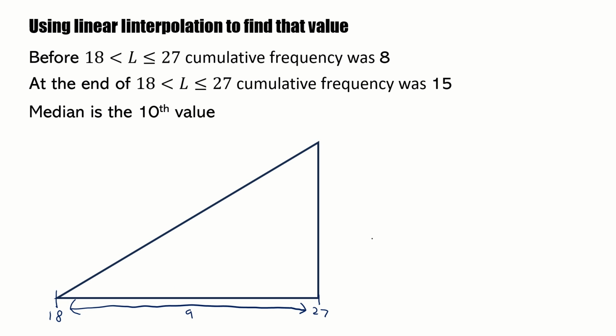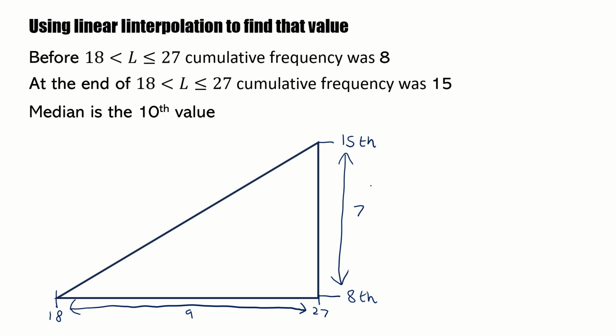And then you can use the cumulative frequency values, if you wish, as the values deciding what's going on vertically. So we started at the bottom of the triangle having a cumulative frequency of 8, and then the top of the triangle having a cumulative frequency of 15. And therefore, we know the height of this particular triangle would be 7.